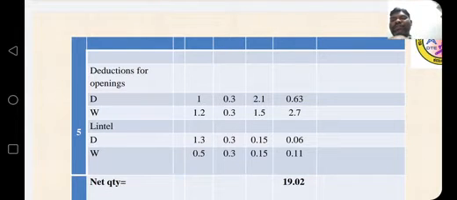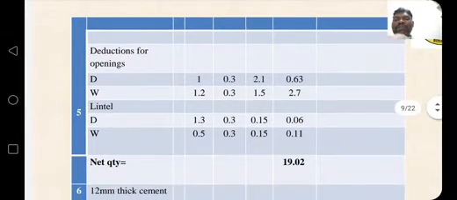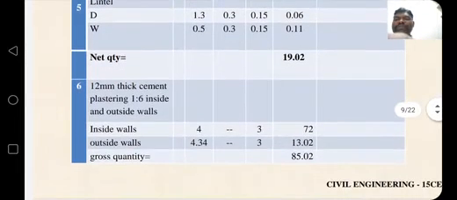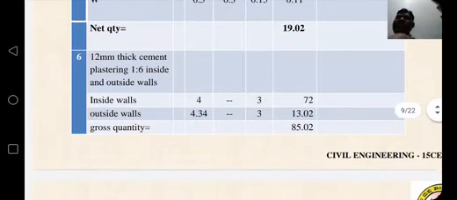Lintel: 1.3 into 0.3 into 0.15 is 0.06, and 0.5 into 0.3 into 0.15 into 5 numbers is 0.11. Net quantity is 19.02.